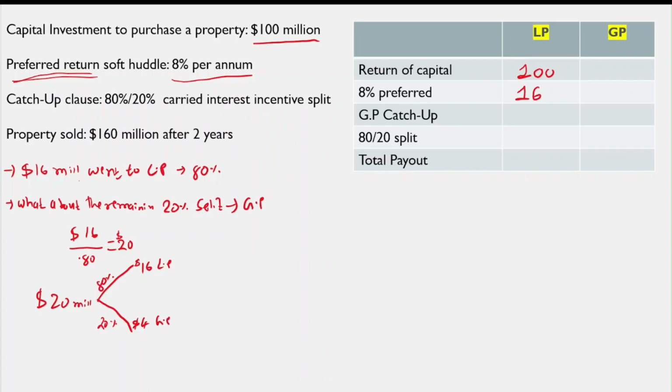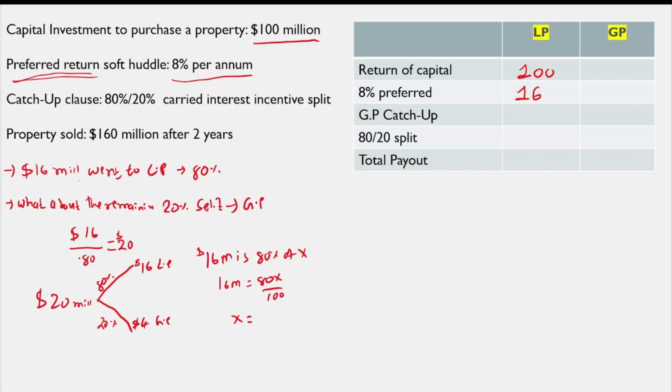And if you have difficulty dividing 16 by 80 to come up with the 20, you can also think about it this way. You know that 8% of 100 for 2 years gives 16 million. So 16 million is 80% of what number? Let's say X. So 16 million is equal to 80X upon 100.